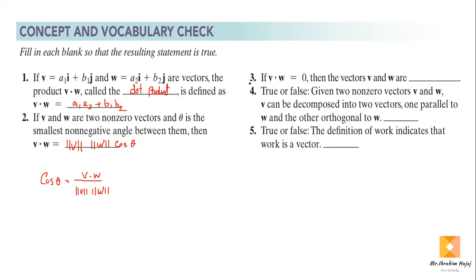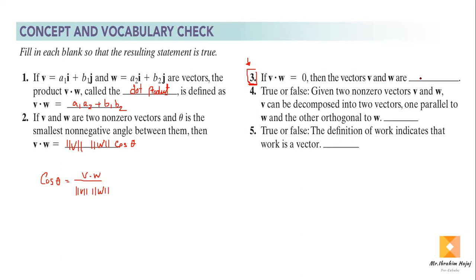Okay, try to answer number 3. V dot W equals 0, then the vectors V and W are what? Orthogonal.